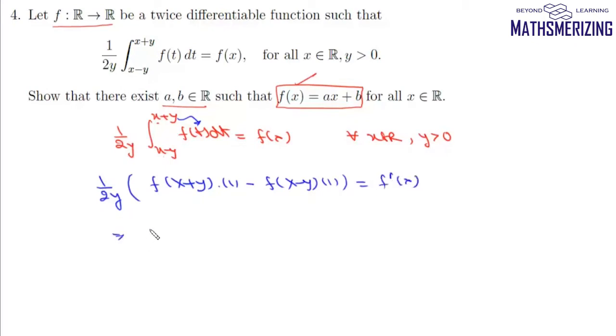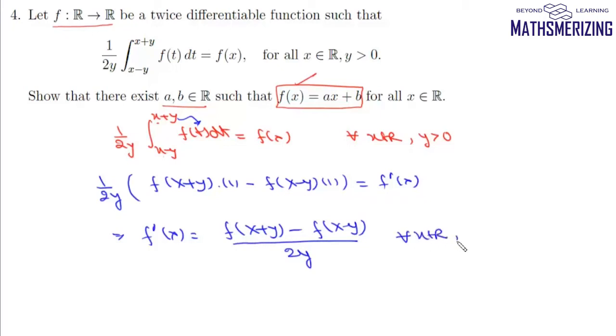So we can write this f dash x as f(x plus y) minus f(x minus y) upon 2y for all x belongs to R and y is greater than 0. Now what does this condition mean?